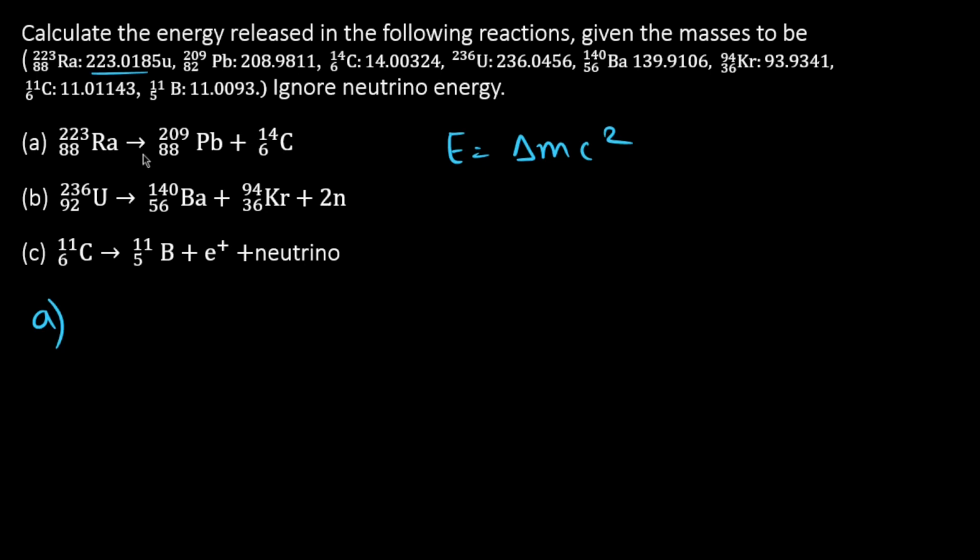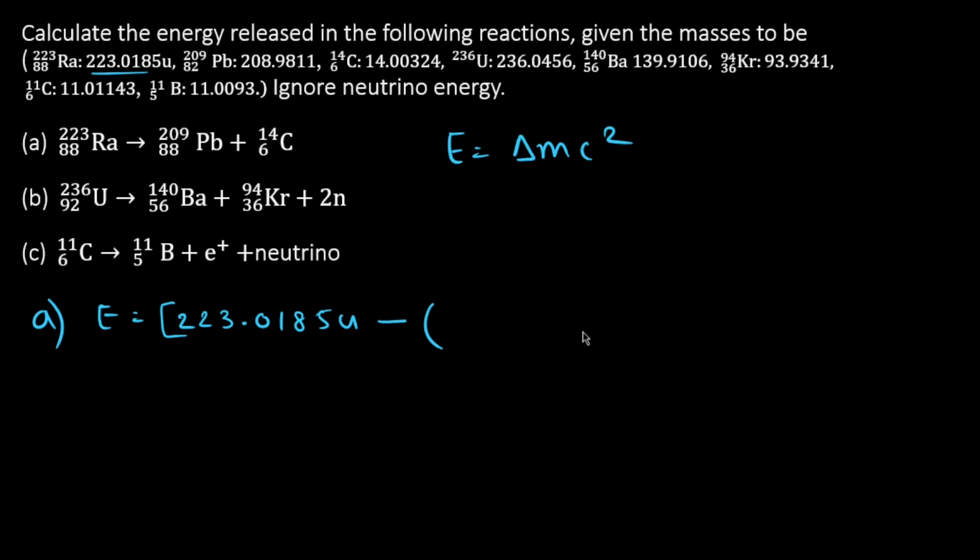So for the first equation we have E equal to, on the left hand side, radium. The mass of radium is given as 223.0185 U, minus, on the right hand side we have Pb 88 and carbon 6.